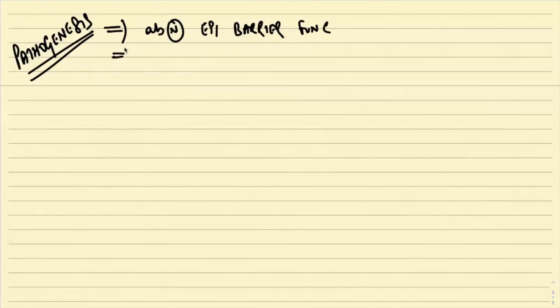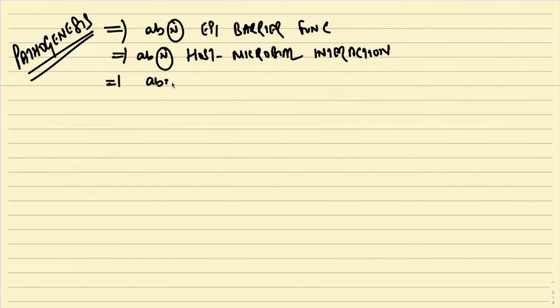Second, there is abnormal host microbial interaction, that is, the interaction between the host immune system and the gut microbe is not proper. Thirdly, there is abnormal immune regulation. Our immune system does not recognize the gut microbiome, so the regulation is lost, and it becomes angry at the gut microbe very easily.